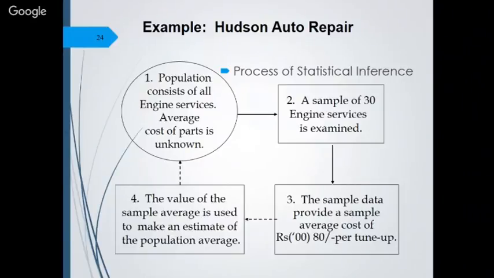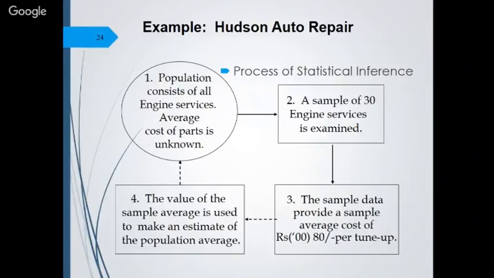We collected from 30 cars, and on the basis of those 30 cars we calculated the average and the standard deviation. The sample data provides an average cost of around 8,000 rupees per service.